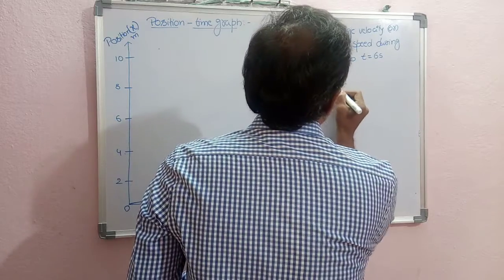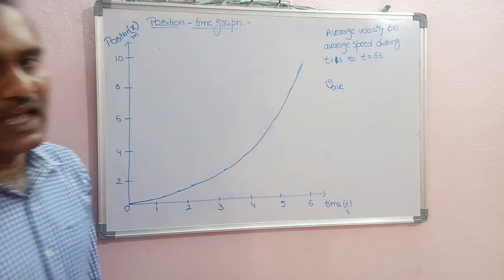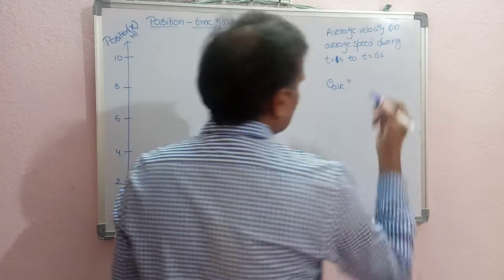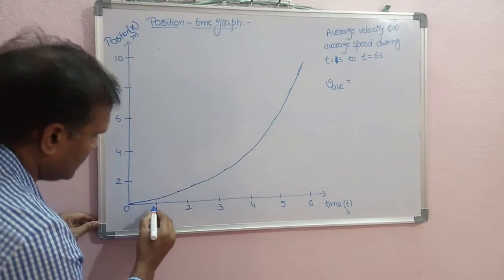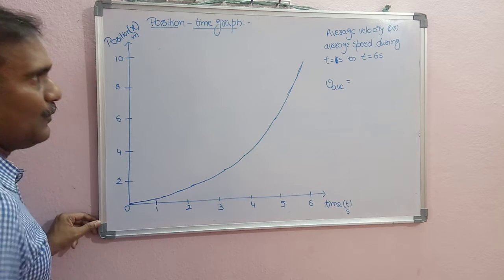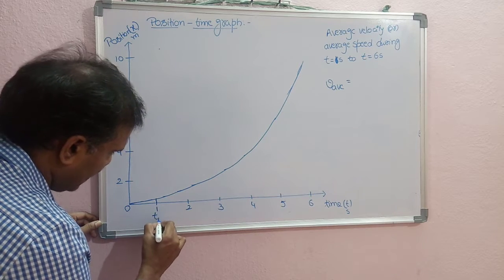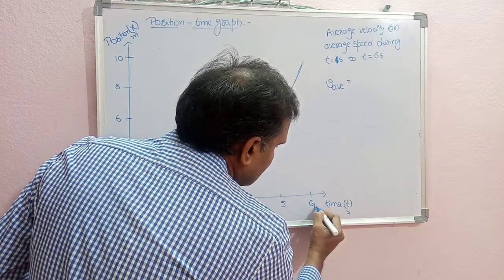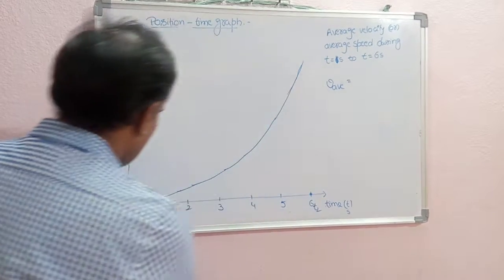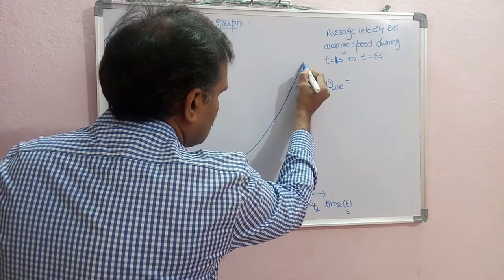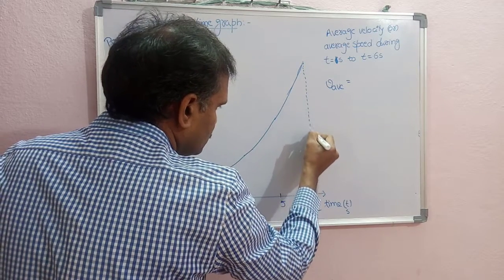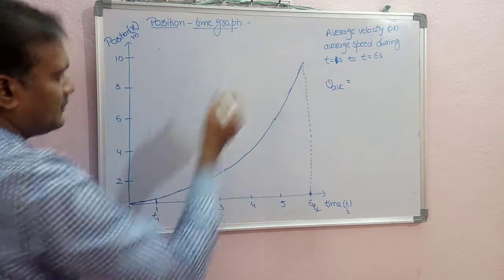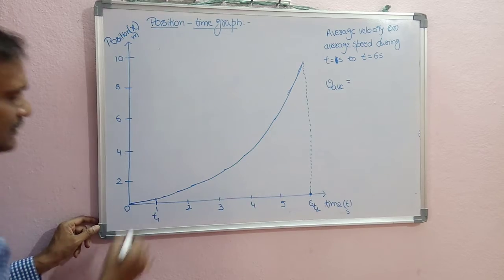Now, average V or modulus of V average bar, whatever it may be, both are equal. Now you can observe this. We will consider 1 second as T1, 6 seconds as T2. Now you can draw a line in this manner here and similarly here.